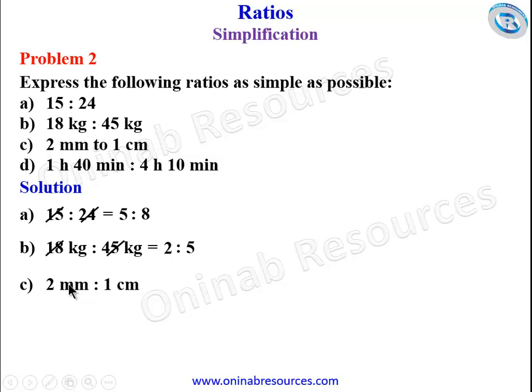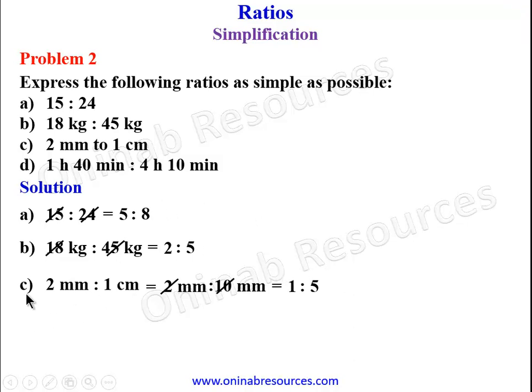So that we are going to have it as 2 millimeters ratio 10 millimeters, because 10 millimeters is equal to 1 centimeter. We can then go ahead to simplify since they are in the same units. So we have 2 divided by 2 giving us 1. Ratio 10 divided by 2 gives 5. So we have our final answer as 1 ratio 5. So that's the end of solution to C.